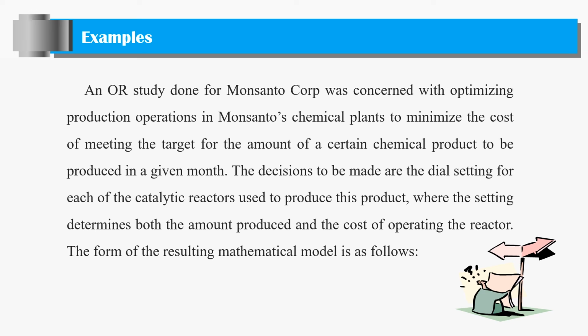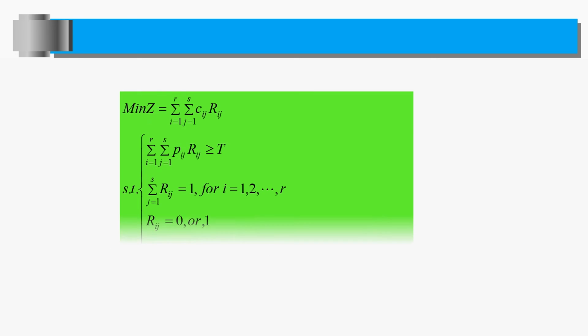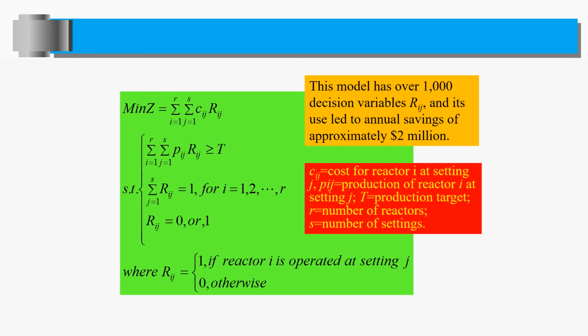The decisions to be made are the dial setting for each of the catalytic reactors used to produce this product, where the setting determines both the amount produced and the cost of operating the reactor. The form of the resulting mathematical model is as follows. This model has over 1,000 decision variables R, and its use led to annual savings of approximately $2 million.